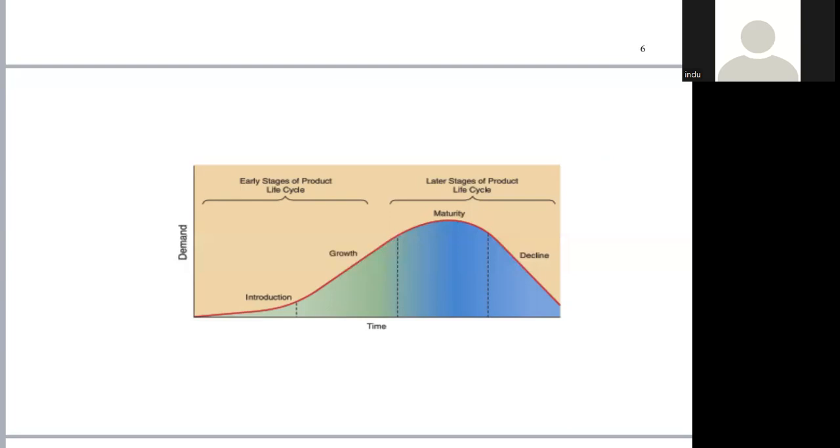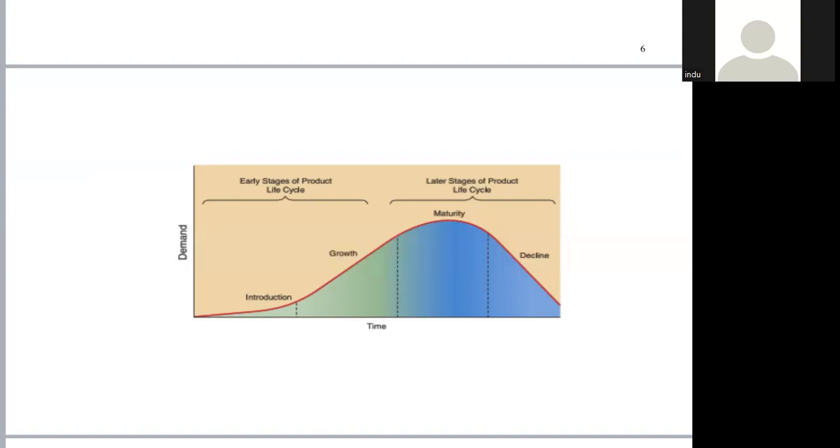Next it moves to the third stage, the maturity stage, where demand levels off and there are usually no design changes. So the product is predictable at this stage, and so is its market.